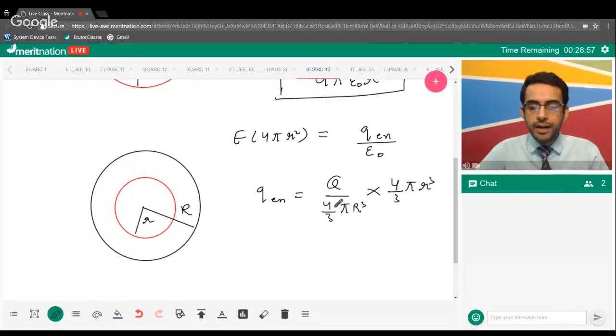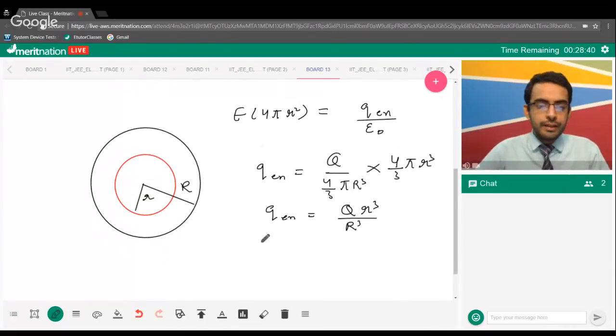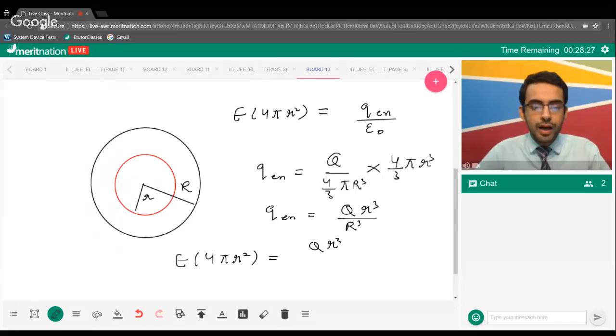How are we finding it? We can easily see that because the charge is distributed uniformly throughout the volume. So from here we can say Q enclosed is equal to Q small r cube divided by capital R cube. So E into 4 pi r square is equal to Q small r cube divided by capital R cube divided by epsilon naught.